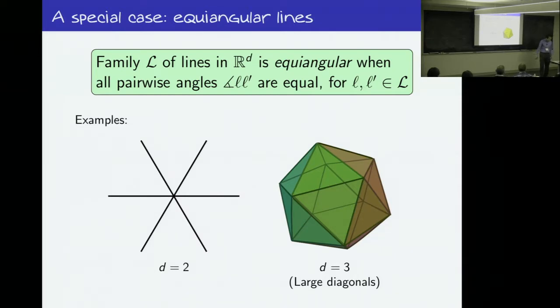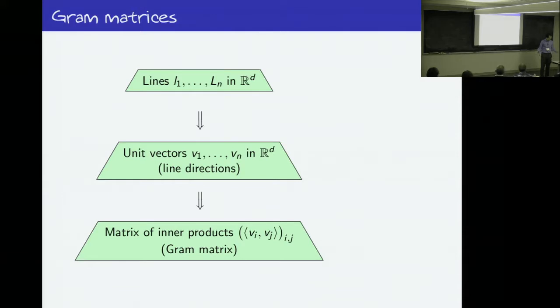Let me basically translate it into algebra. I can code the lines by their directional vectors. They all come from the origin, so I can just pick a direction which sticks out from the origin, and I can normalize it. So again, I get a unit vector.